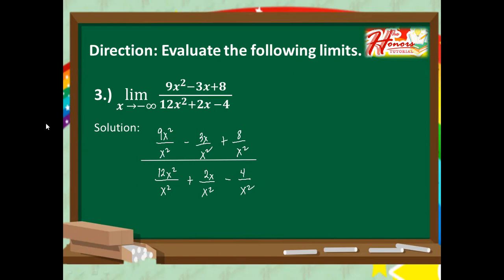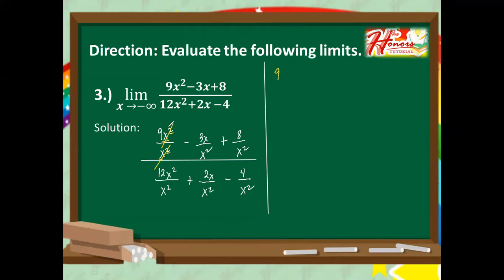So after that, you have to simplify. For you to simplify it a little faster, look for the variables and then observe your exponent. If they are the same, please cancel it. And then we have here 9. Why did we cancel it?